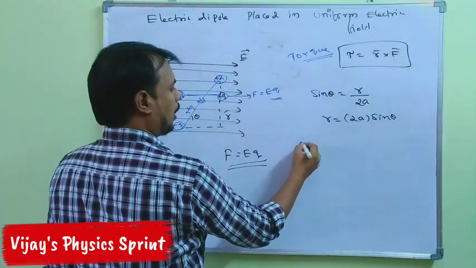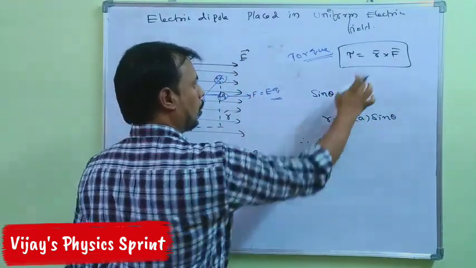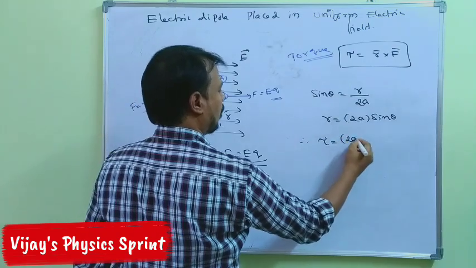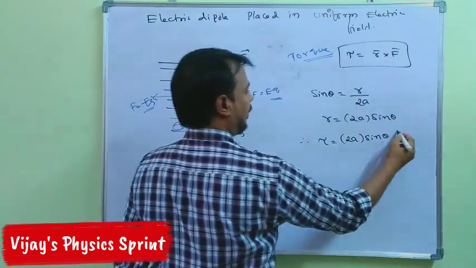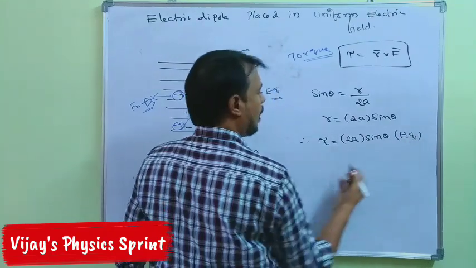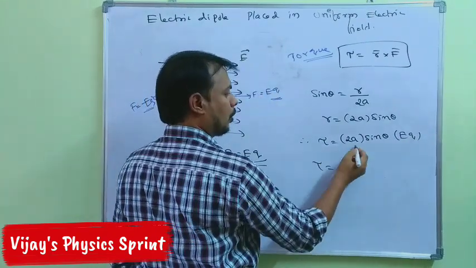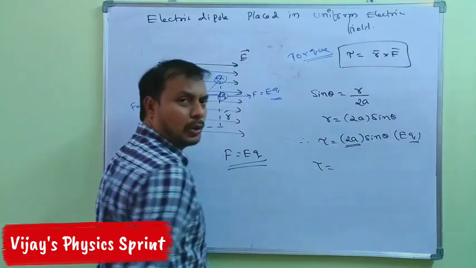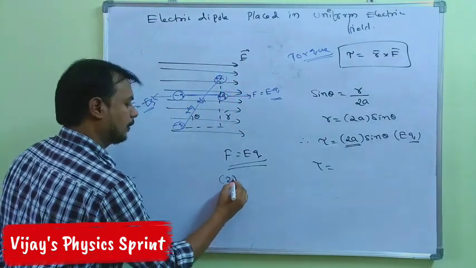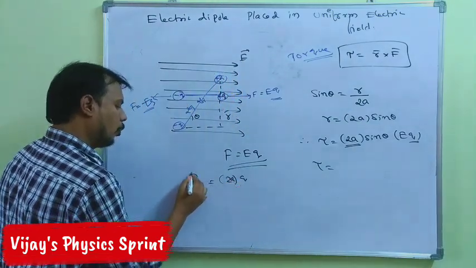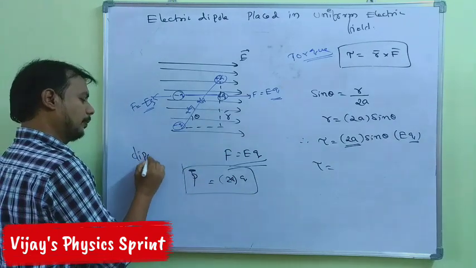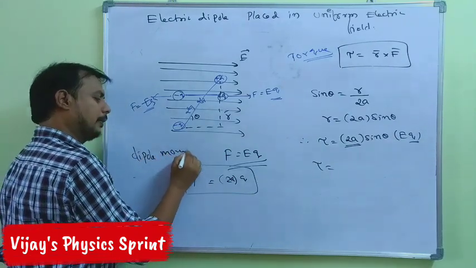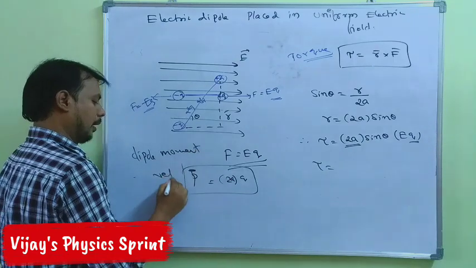Now substituting, torque tau equals R, which is 2a sin theta, times force F, which is EQ. But we already know 2aq indicates the electric dipole moment vector p bar.